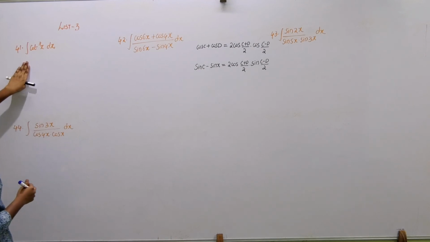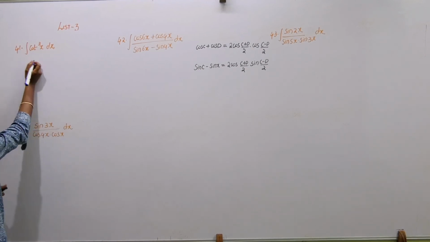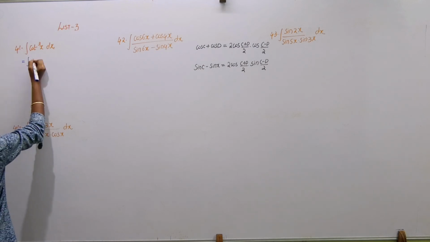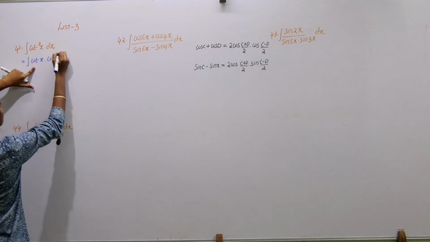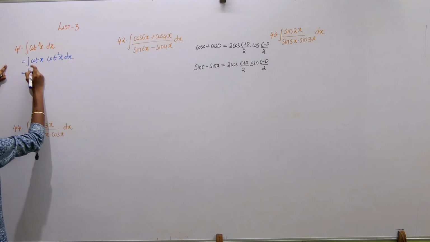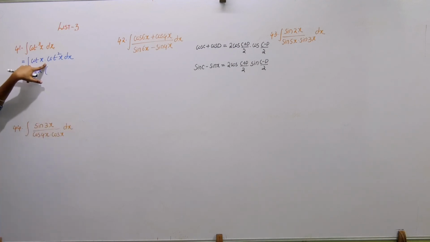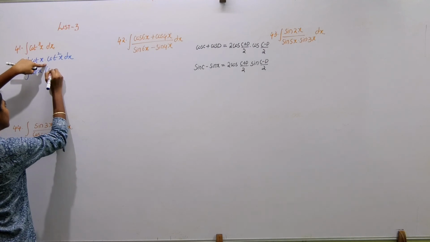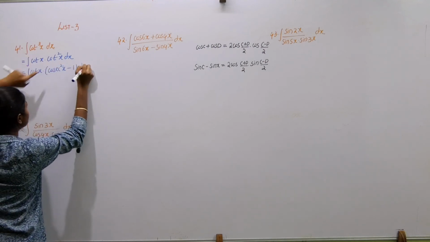41st question, we have integral cot cube x dx. This is similar to integral tan cube x. In the first step, let us write cot x into cot square x dx. It equals integral cot x into, from the trigonometric identities, cot square x can be written as cosecant square x minus 1 dx.